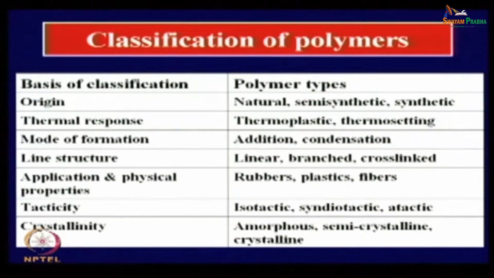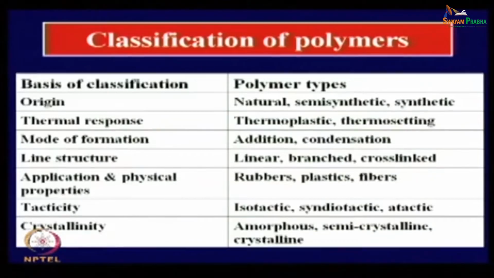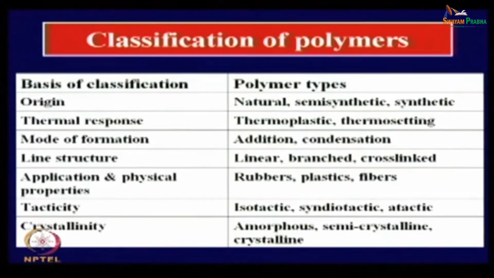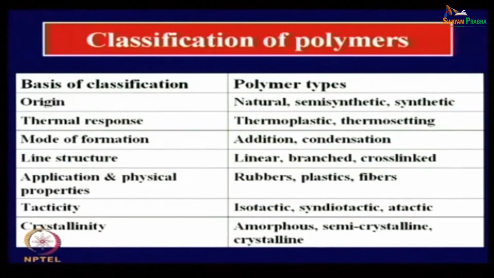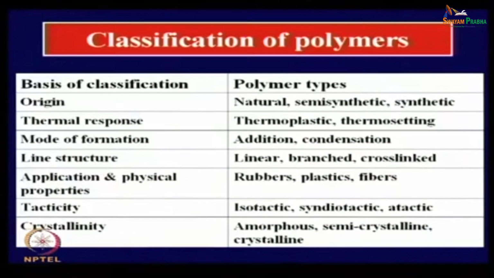Then crystallinity, on the basis of crystalline structure, on the basis of morphology, we can have amorphous polymers, semi-crystalline polymers and crystalline polymers. Polymers can also be classified in other ways too.